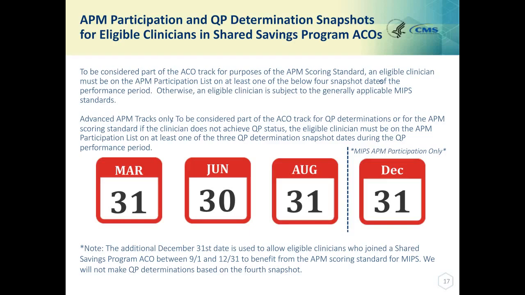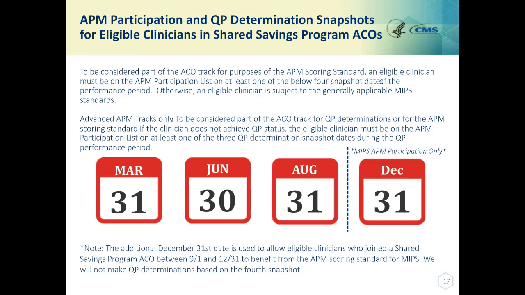As shown on the slide, the 4 snapshots are March 31st, June 30th, August 31st, and December 31st. The December 31st snapshot was added for the 2018 performance year and subsequent years.